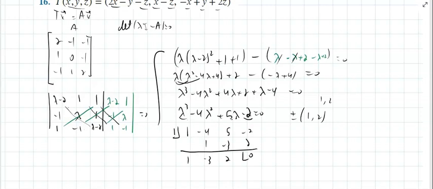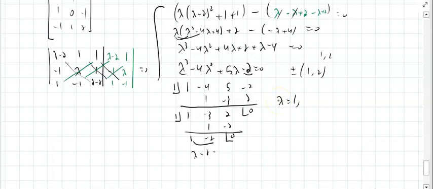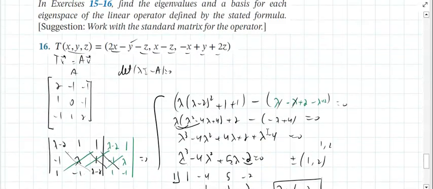And you should try 1 again. Or you could factor it by hand. It doesn't matter, right? So I have lambda equal 1, and this is lambda minus 2 equals 0. So 1 and 2 are the only eigenvalues, and we know what to do from there.